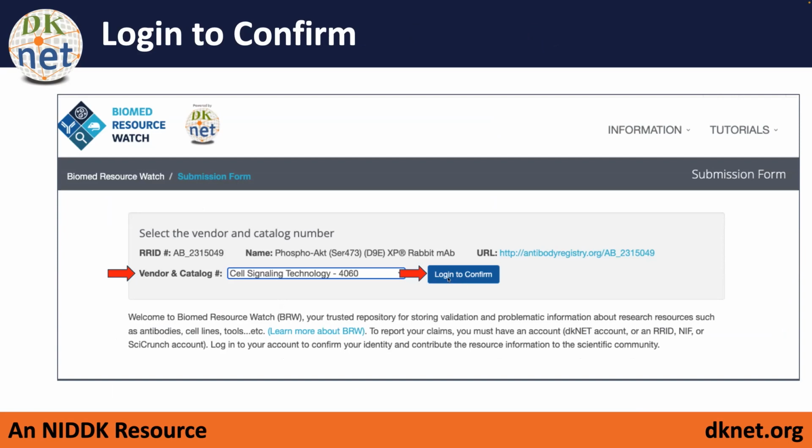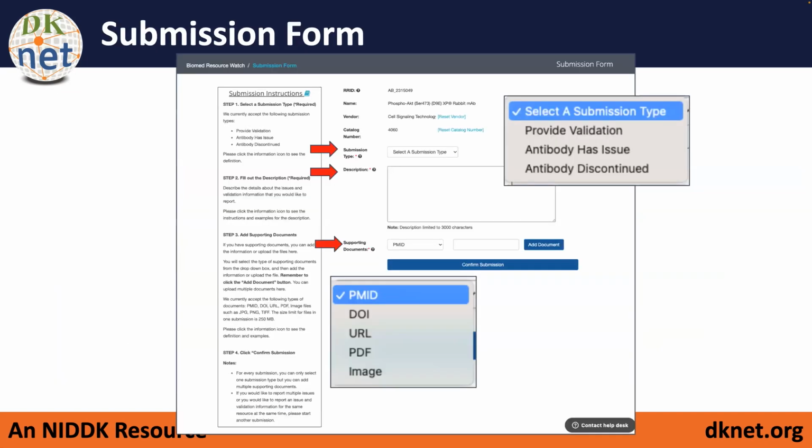So all this information that is provided through Resource Watch by the community needs to be associated with a login, and so you can use your same dkNET account to log in to Biomed Resource Watch and provide that information. And again, then you'll end up at the same resource form as I just described earlier.